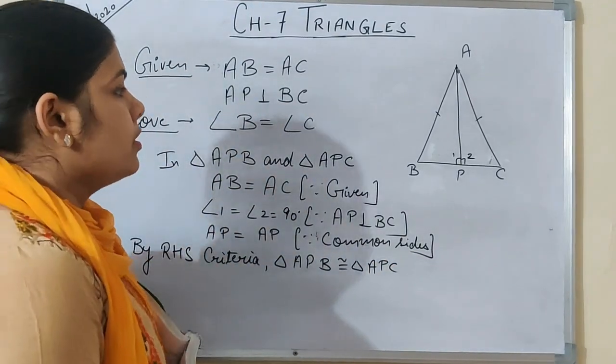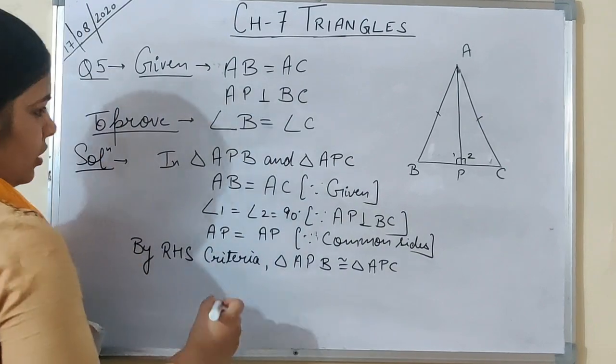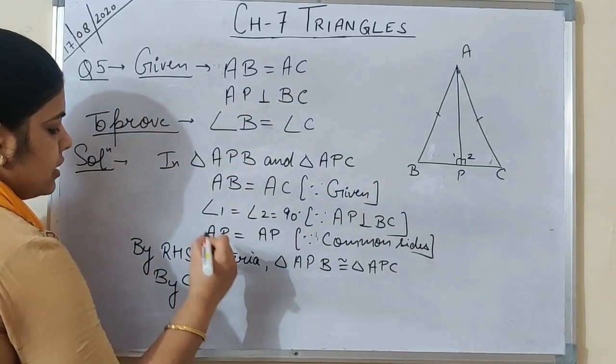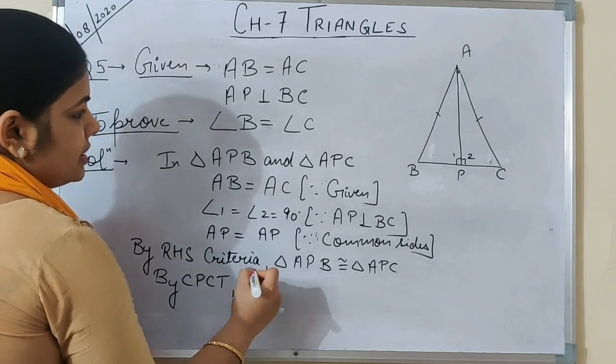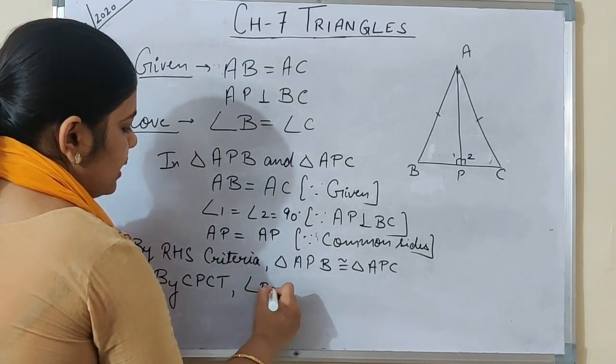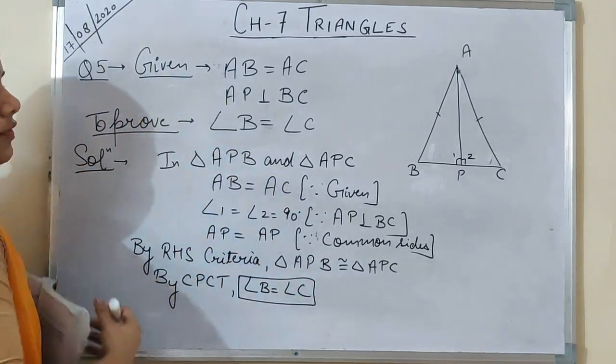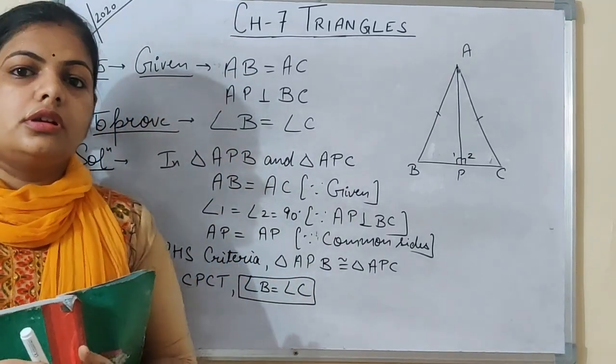Yes or no? Now, after this, we can directly apply CPCT. So, by CPCT, we can say that angle B is equal to angle C. This is what we needed to prove.